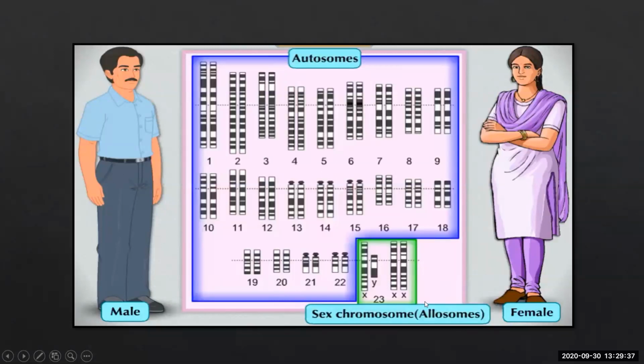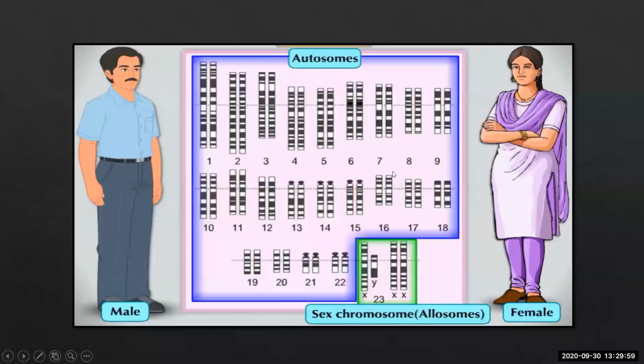Either it will be male or female. In female, the chromosomes are represented as 44 plus XX, and in male as 44 plus XY.